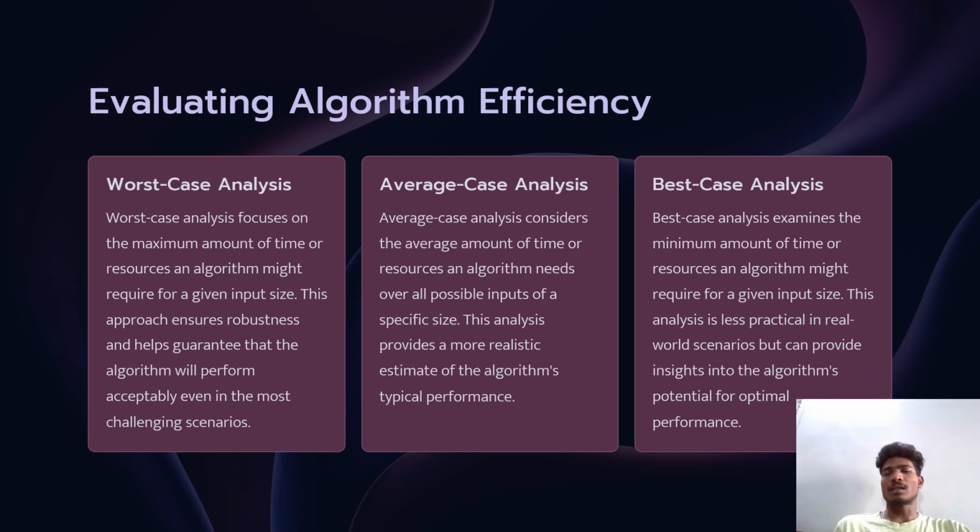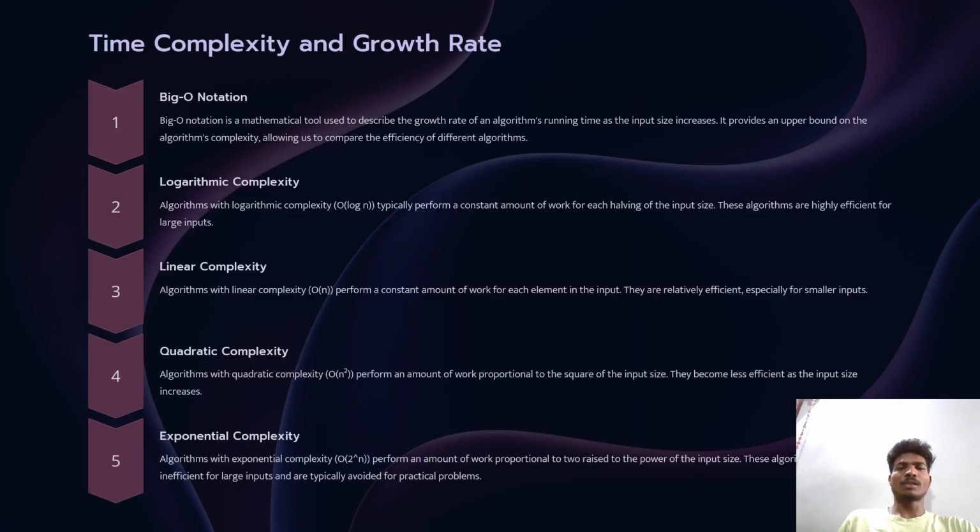Best case analysis examines the minimum amount of time or resources an algorithm might require for a given input size. This analysis is less practical in real world scenarios but can provide insight into the algorithm's potential for optimal performance.